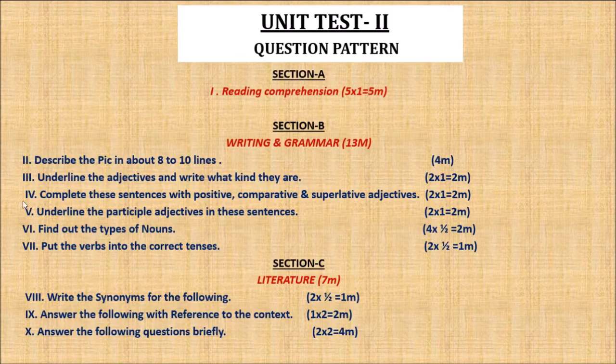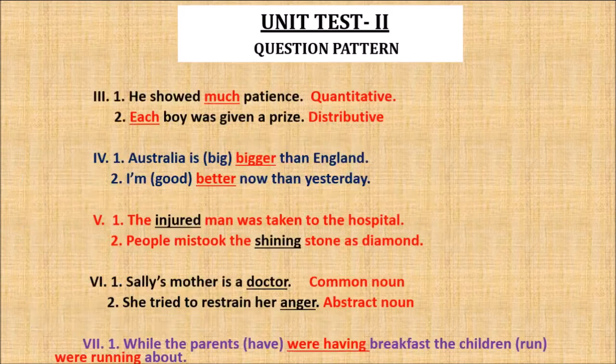Okay guys, next, complete these sentences with positive, comparative and superlative adjectives. These are the three types of adjectives. What do they mean, guys? Positive means when we are talking about one person.